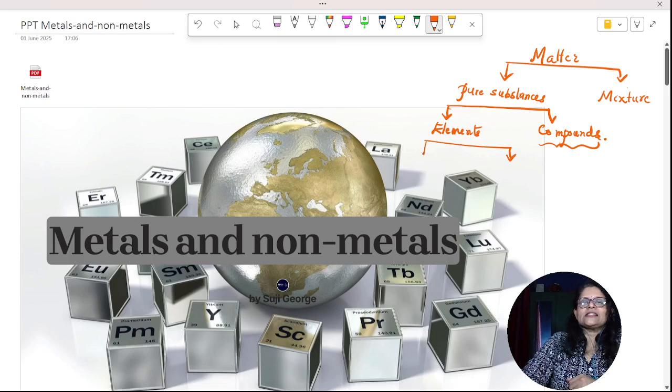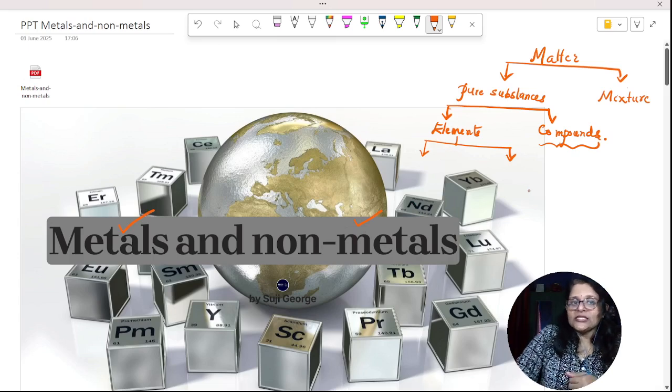You know that on Earth there are 118 elements and they are all arranged in the periodic table according to their physical and chemical properties. And what are the two types of elements? The main two types are the metals and the non-metals.